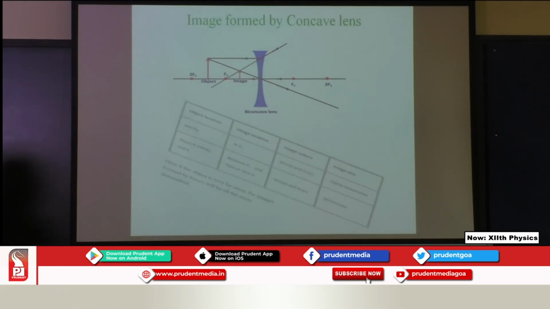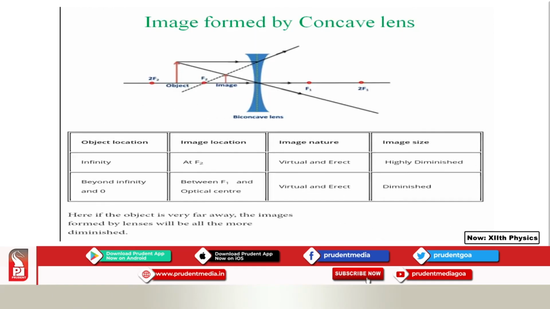So, this is the image formation by a concave lens. If we use a concave lens, we will be getting highly diminished images. If the object is very far away, the image formed will be more diminished. So, this is with regard to the image formation by the convex and by the concave lens.